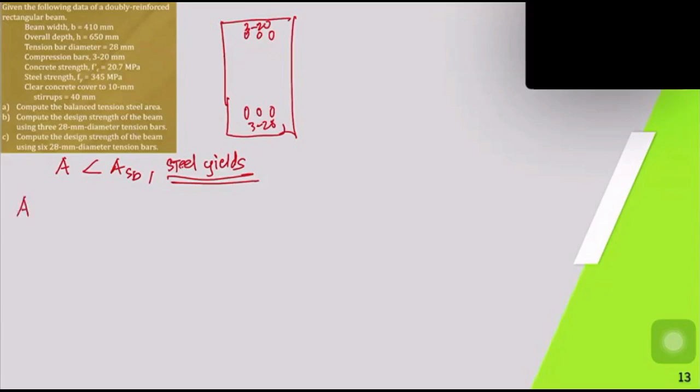We have As prime, the compression side, multiplied by pi over 4 times 20 squared. That is 942.48 mm squared.